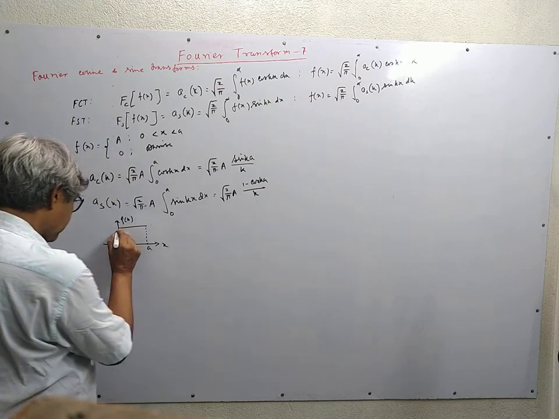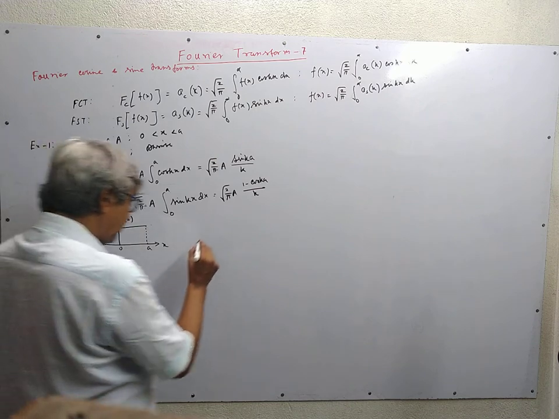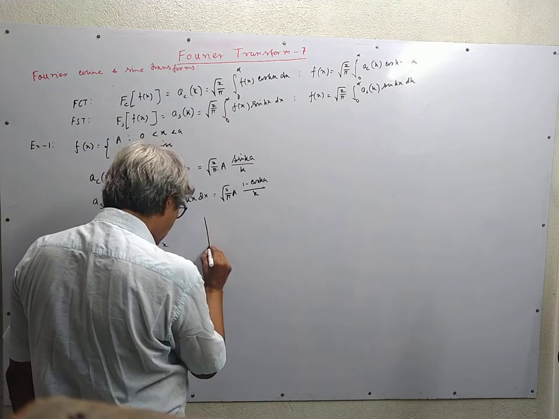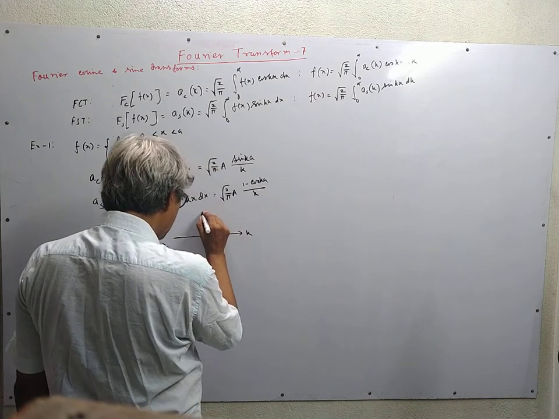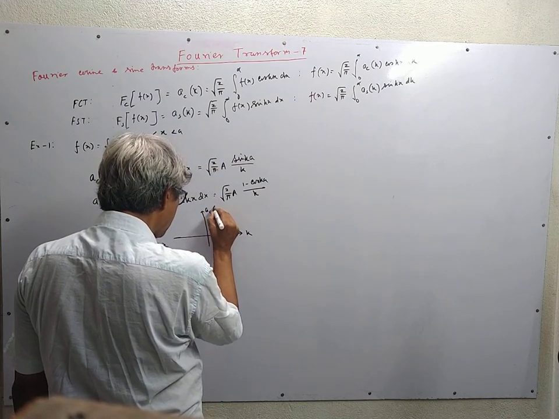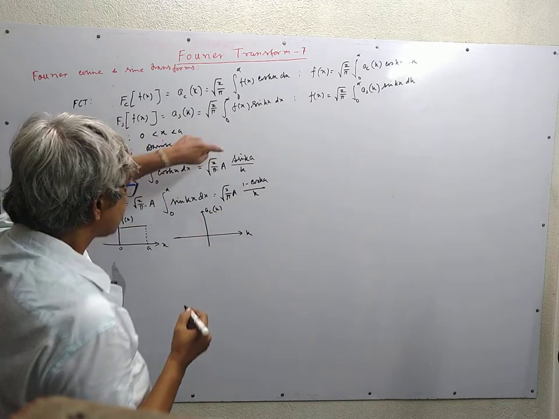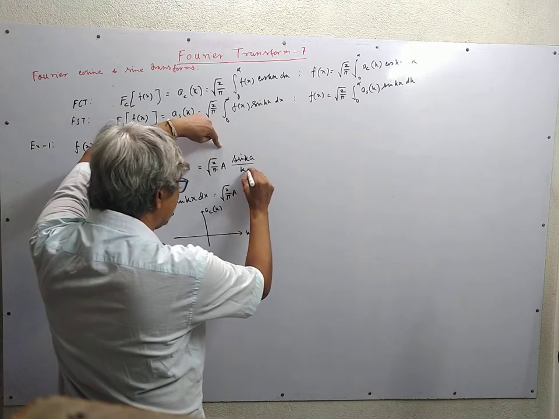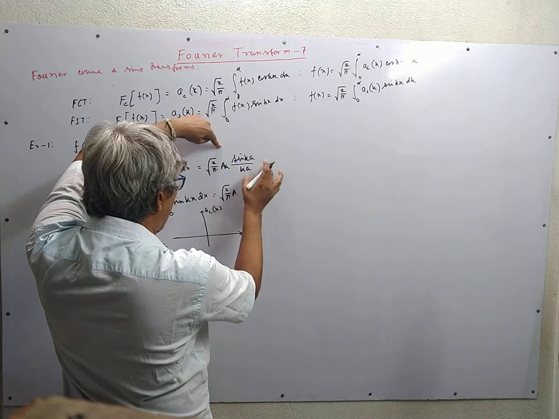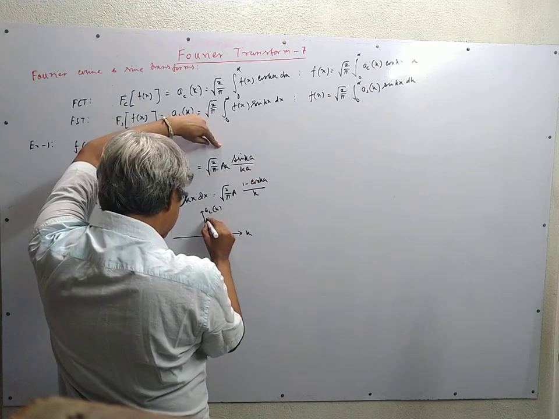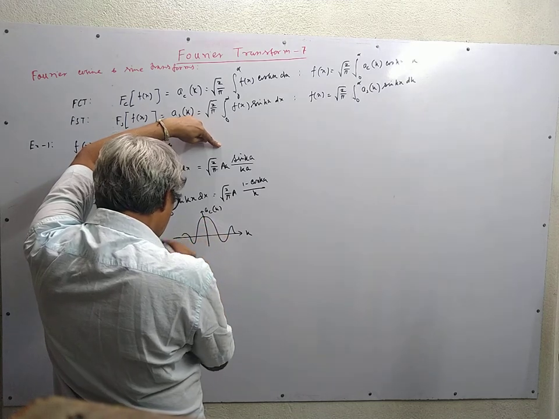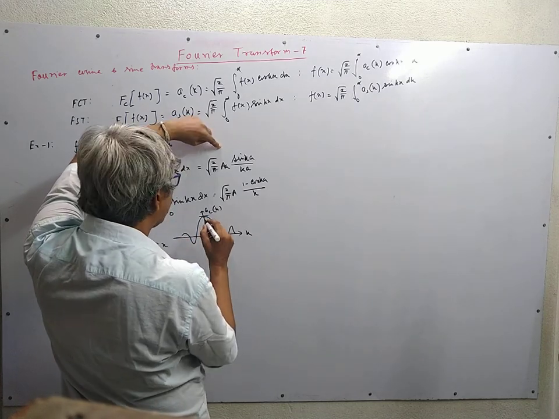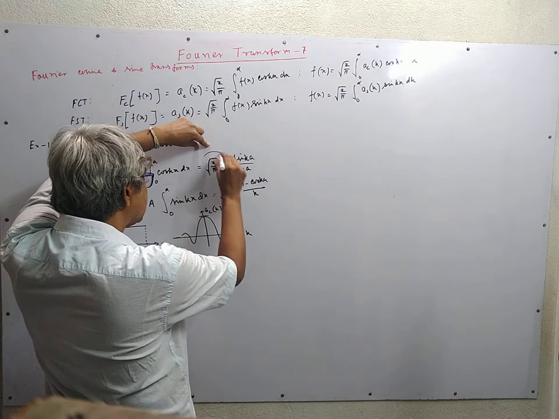This is its function, the Fourier cosine transform is, you see it is sine ka by ka. So if we put it a and at k is equal to 0, it is this much, and then oscillates, damped oscillation. This value is the peak value.